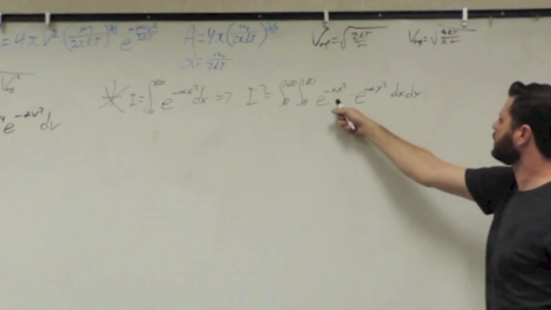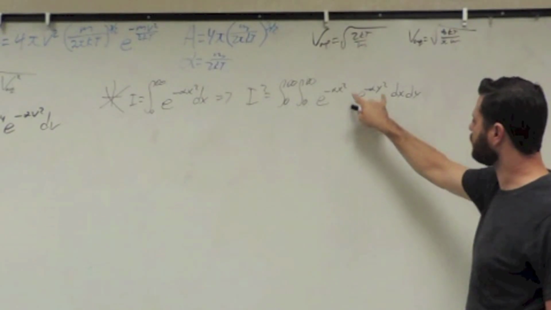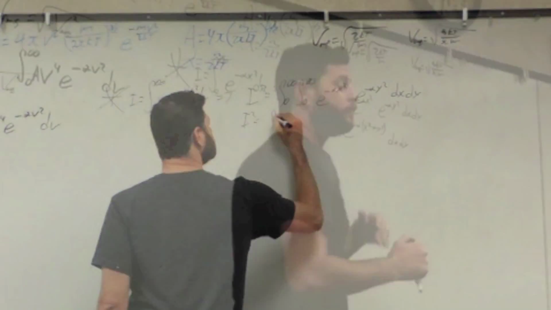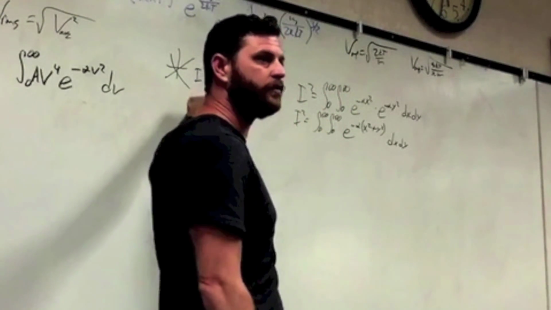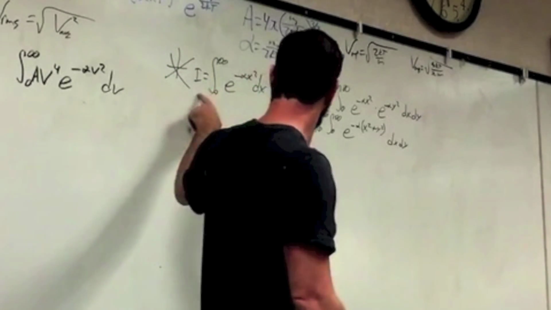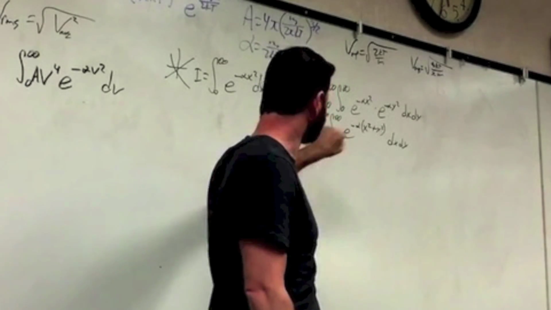We'll do one variable in x and one in y. And when you just put these together, we're going to just add the exponents. The I is just what the answer to the integral will be, you can call it anything you want. It's just to show that now we're squared. We squared everything, so that's what makes this so true.